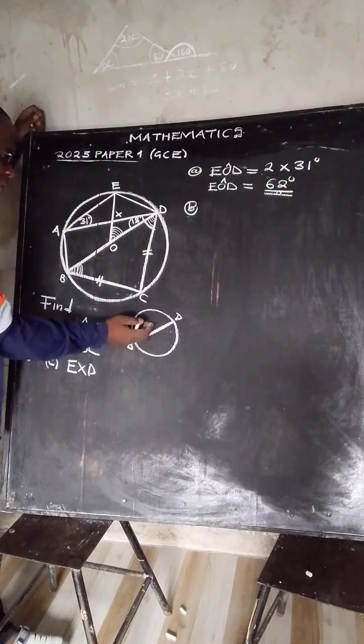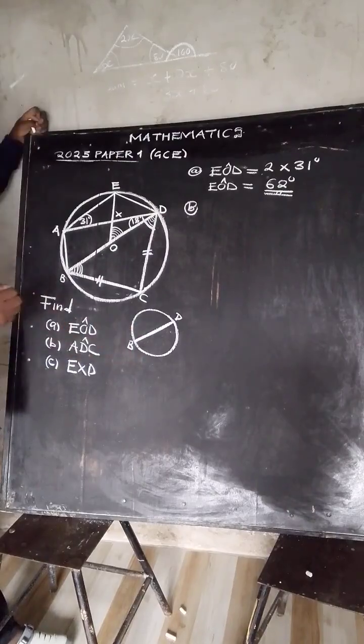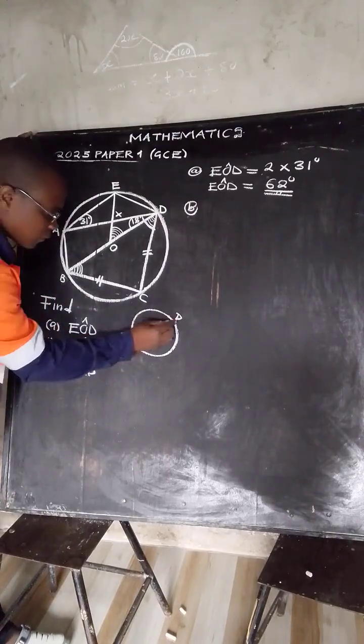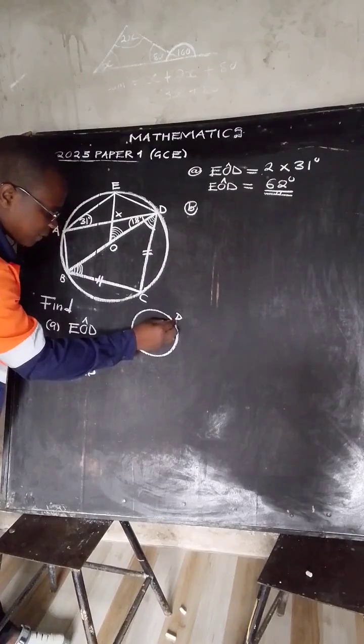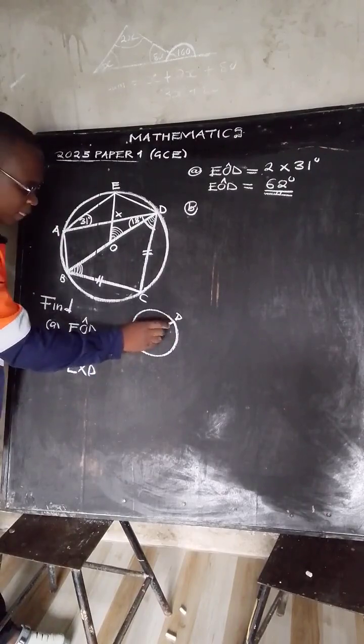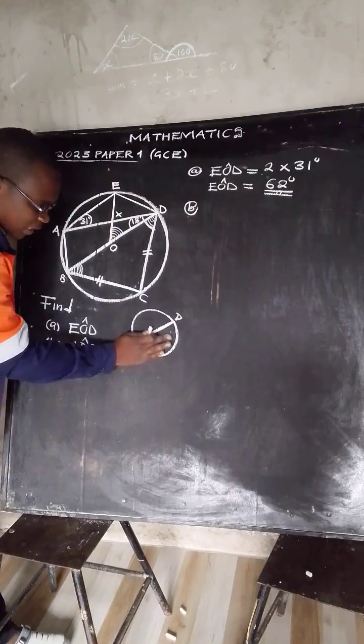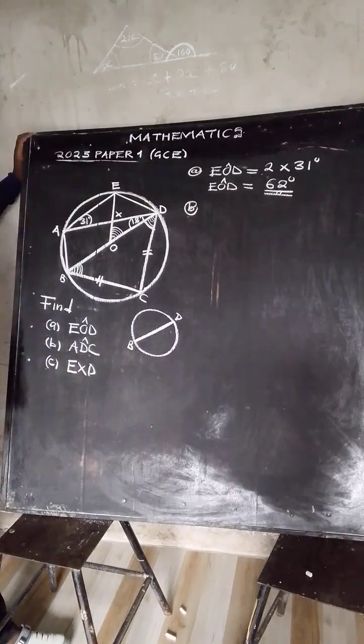Know that an angle formed in a semicircle is equal to 90 degrees. So if we move from the diameter BD, any angle we form on this side is equal to 90 degrees.